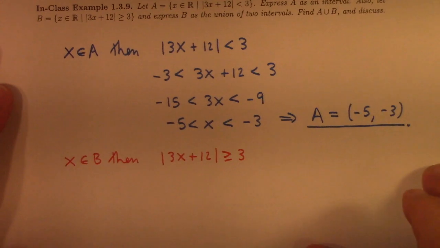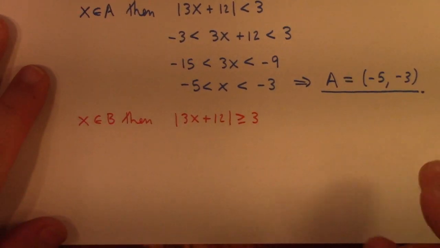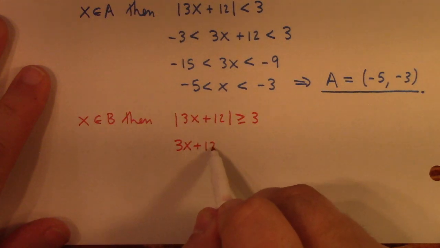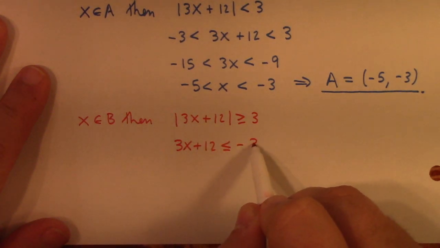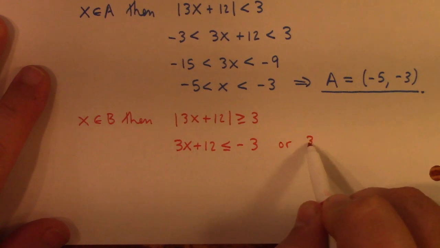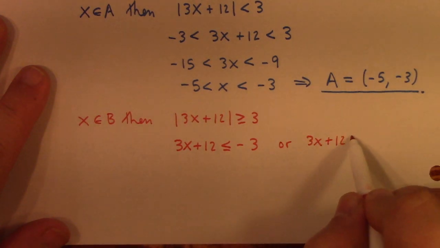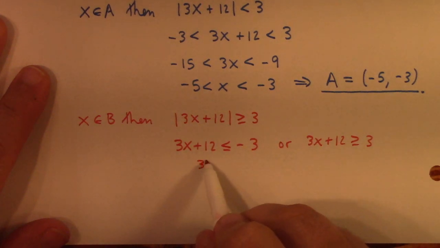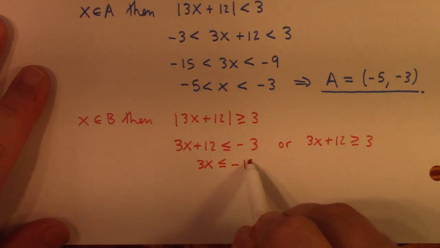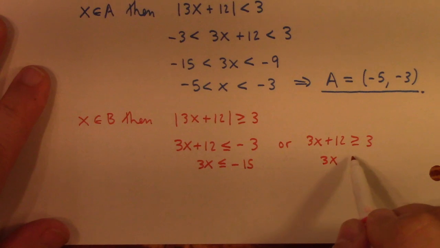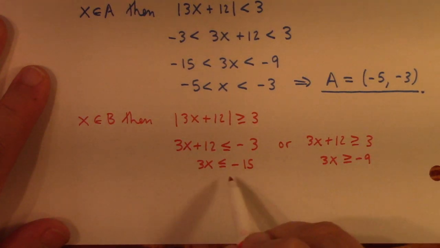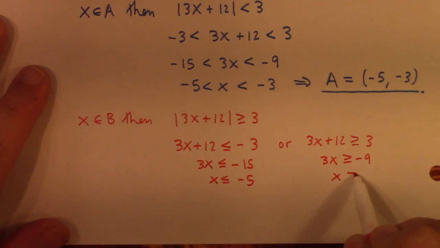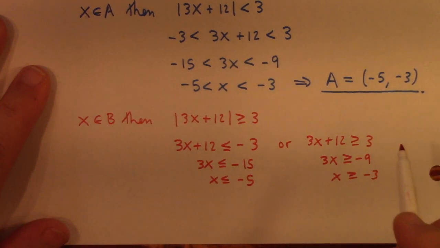Okay. So that tells me either 3x plus 12 is less than or equal to minus 3, or 3x plus 12 is greater than or equal to 3. And then I solve these. So that gives me 3x is less than or equal to minus 15, or 3x is greater than or equal to minus 9. So x is less than or equal to minus 5, or x is greater than or equal to minus 3.